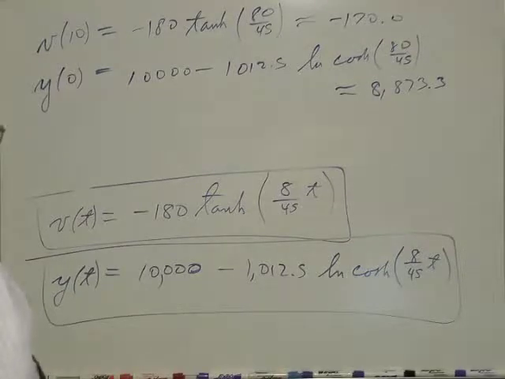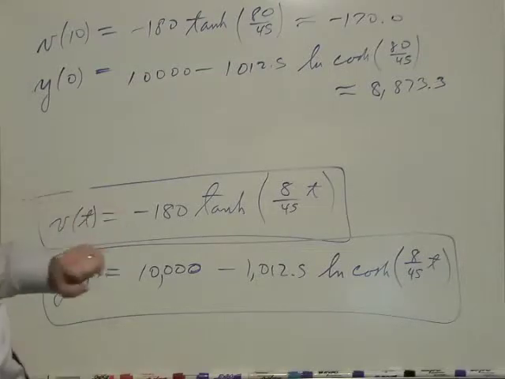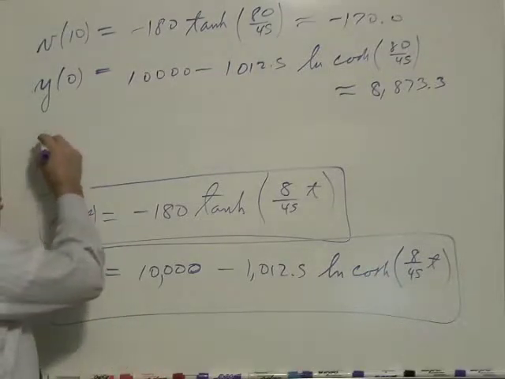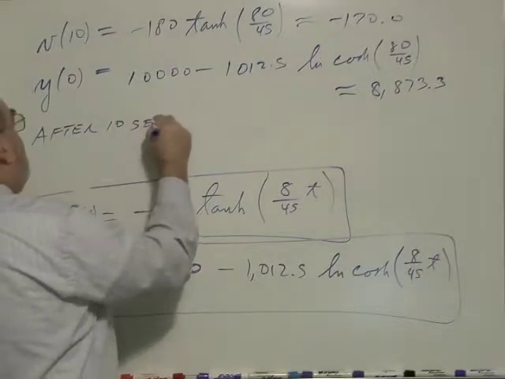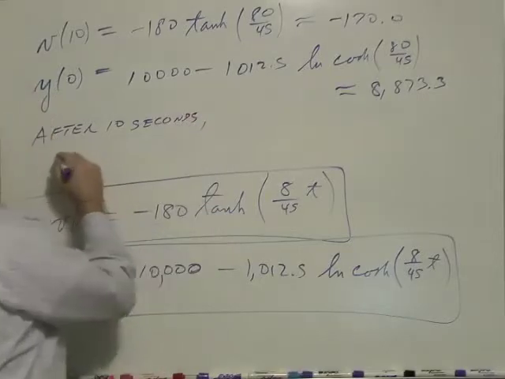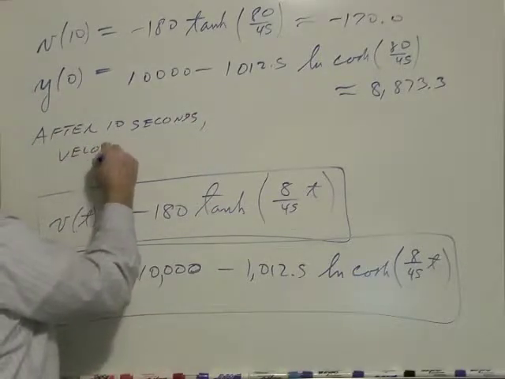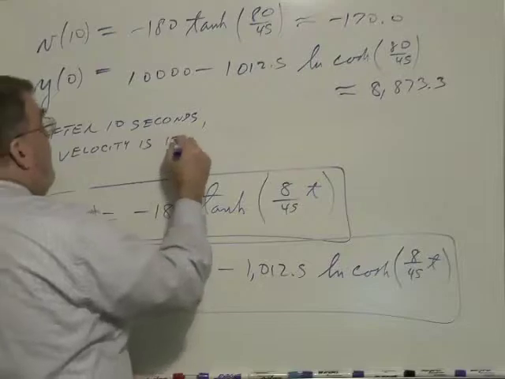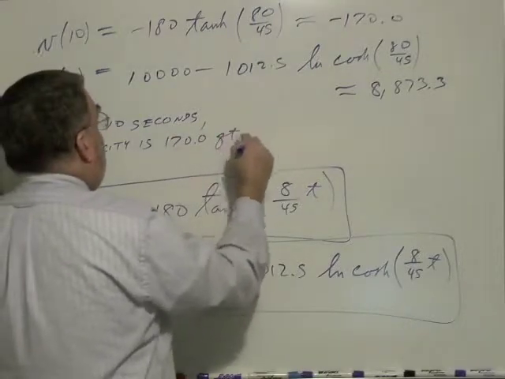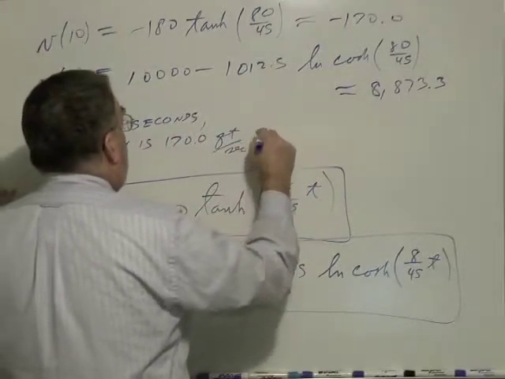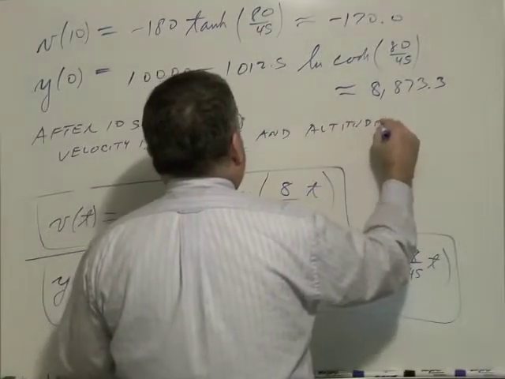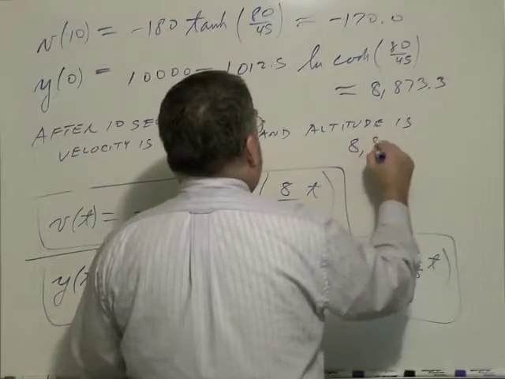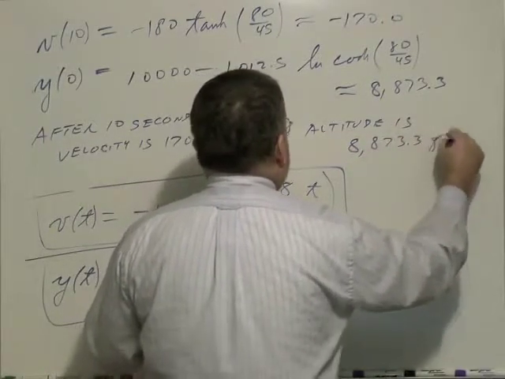Okay, so let me write those out. I still need to keep these functions. So after 10 seconds, velocity is 170.0 feet per second, and altitude is 8,873.3 feet.